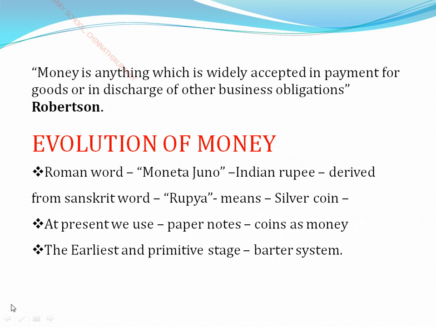At present we are using these, but during the earliest, primitive stage, a very early stage, money was absent. What system was used during the earliest period? The barter system. Barter system means what? Very simply, exchanging one good for another good is called barter system.